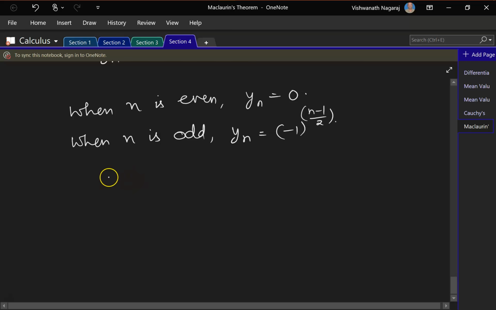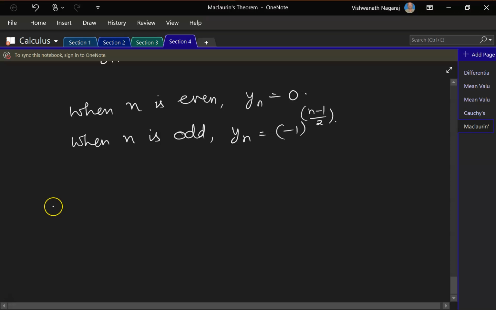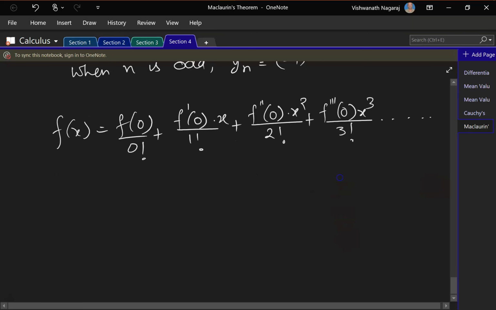Now let's bring in the Maclaurin series, Maclaurin theorem. So f of x is equal to f(0)/0! plus f'(0) times x/1! plus f''(0) times x^2/2! plus f'''(0) x^3/3!, and so on.